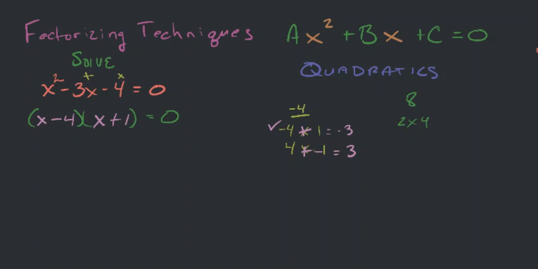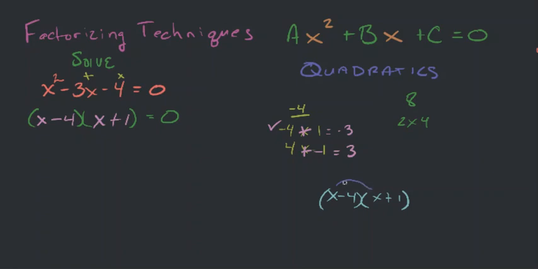Now, if this is new to you or you're not very comfortable with what I'm doing here, I would recommend coming over here and taking x minus 4 and x plus 1 and actually doing the multiplication to convince yourself that this produces that.